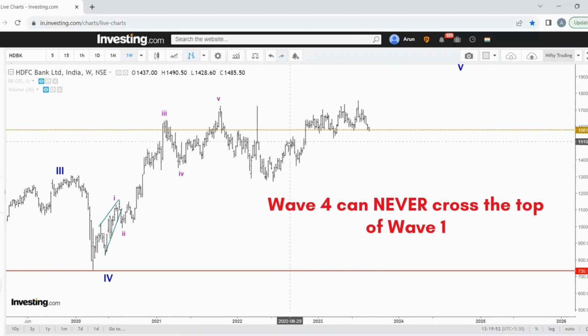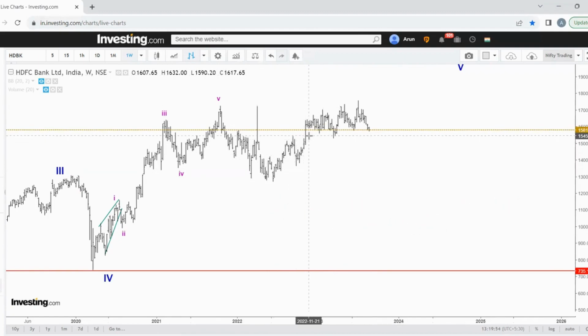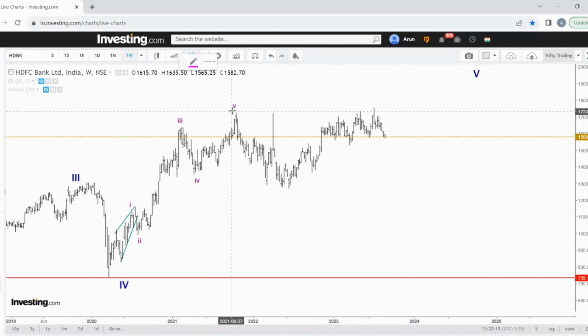So it's kind of a 3-wave move. So there could be a possibility of ABC, yes, because these moves do not seem to be impulsive. That's the only reason.